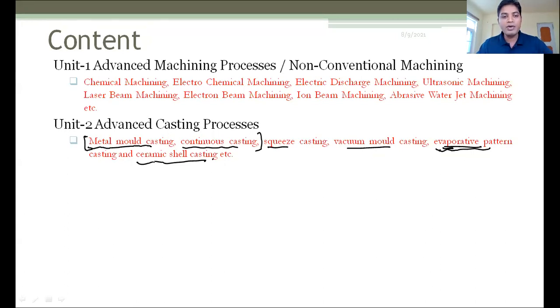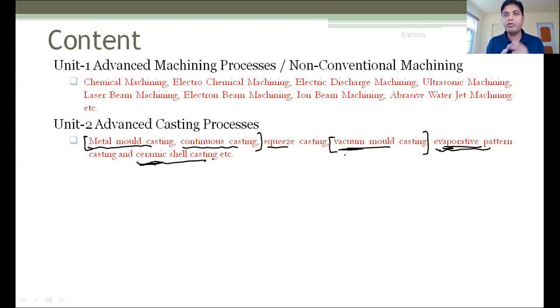Similarly, we will discuss ceramic shell casting a little bit. The different one is vacuum mold casting. There are two things: first is vacuum casting and the other is vacuum mold casting. These are two different processes, which I will brief you on in those classes. Please keep in mind that here we are using a vacuum.